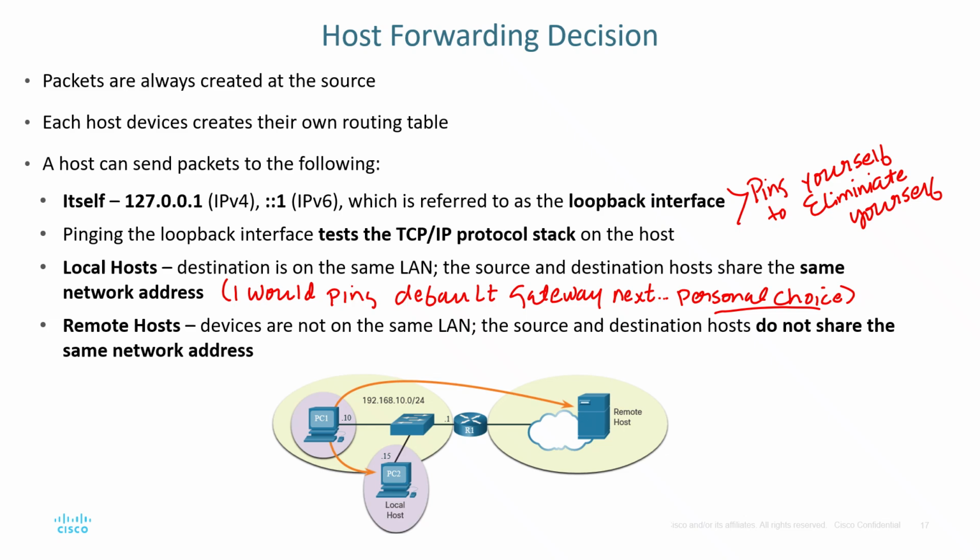So again, remote hosts are devices that are not on the same local area network. The source and destination host do not share the same network address. So in this example, after I go through router 1 to a remote location, that location is going to have a totally different network address. It cannot be 192.168.10.0.